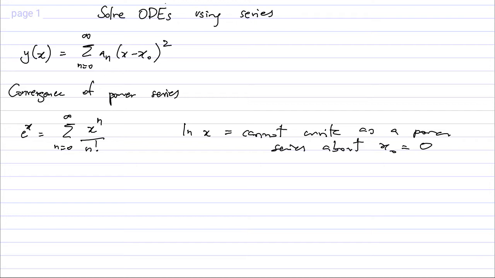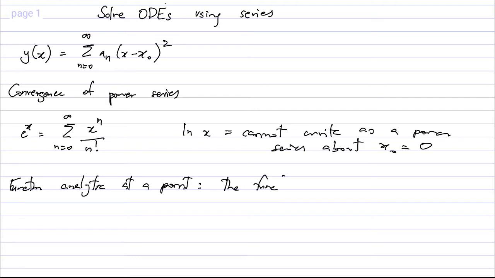As terminology, you say that a function is analytic at a point. What does this mean? It means essentially that the function can be written as a power series at that point.